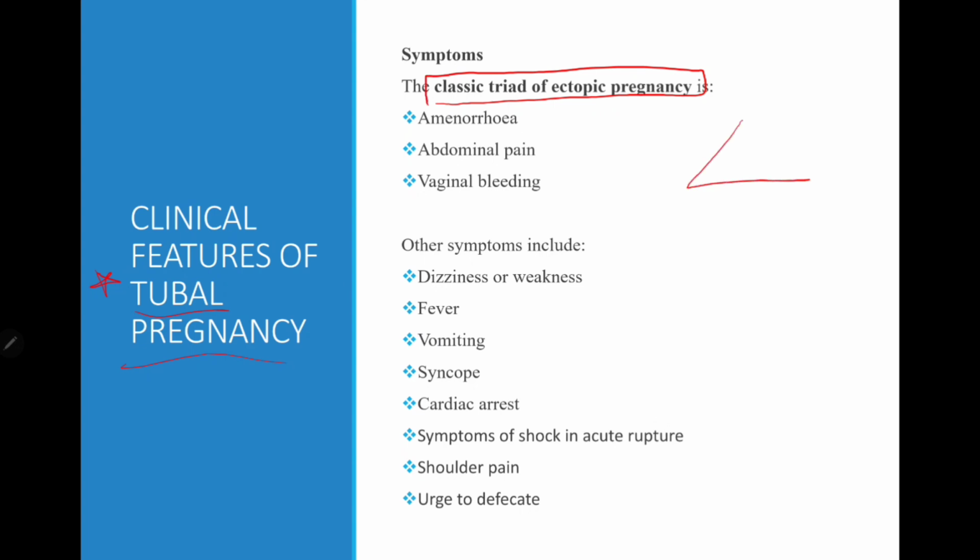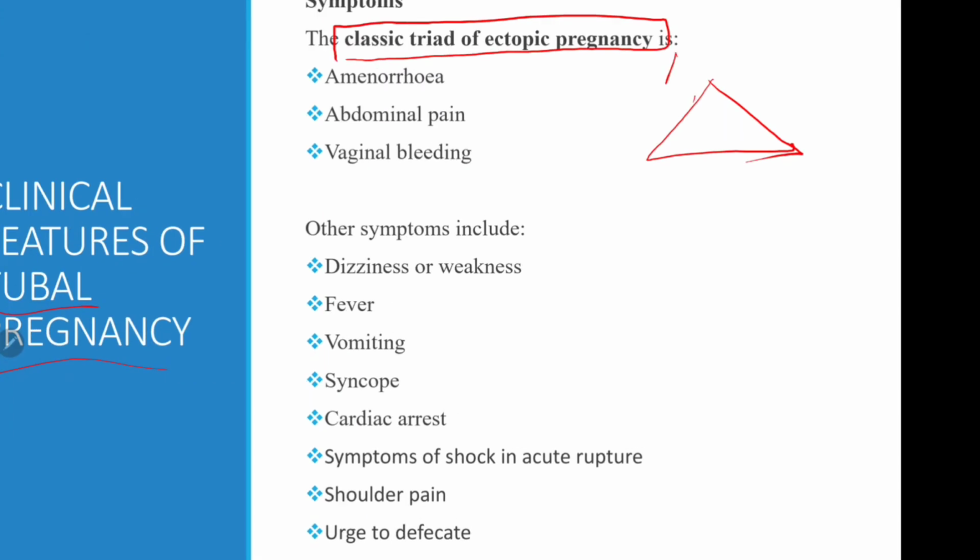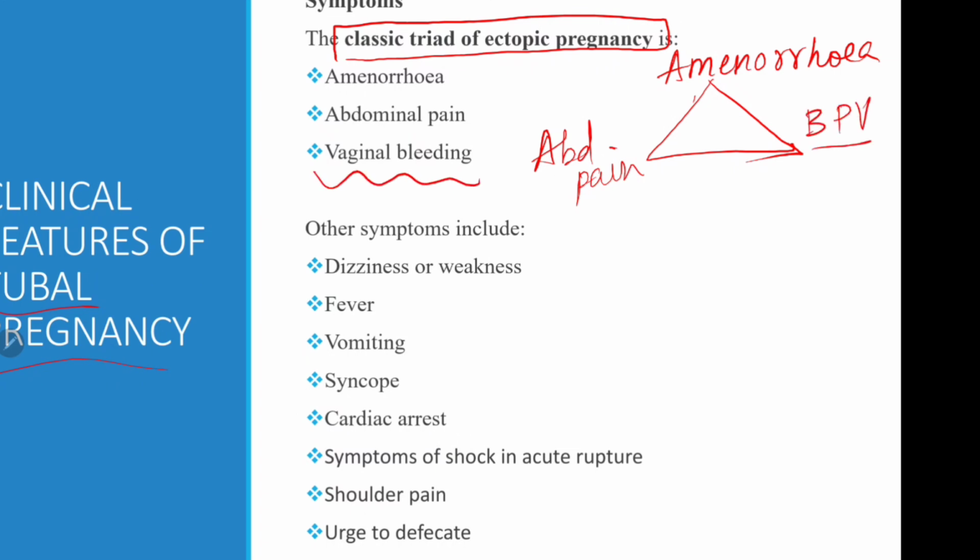Any woman coming with these three symptoms, that is amenorrhea, abdominal pain and bleeding per vagina, or vaginal bleeding, you have to suspect ectopic pregnancy. So the classic triad of ectopic pregnancy is amenorrhea, abdominal pain and vaginal bleeding.